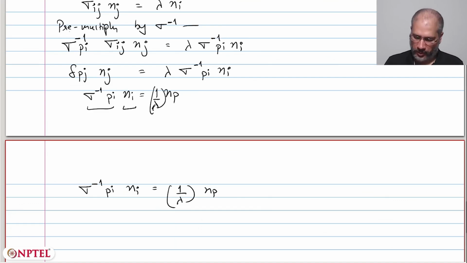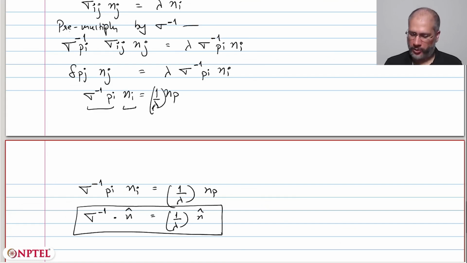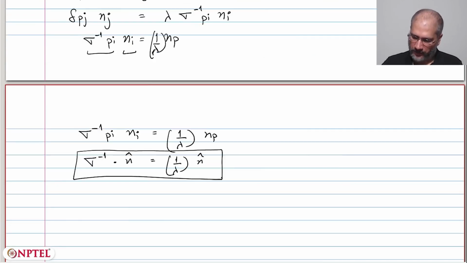In symbolic notation, this becomes sigma inverse dot n hat is 1 upon lambda times n hat. So this is the eigenvalue problem for sigma inverse, and we can see that the eigenvalues are 1 by lambdas and eigendirections are simply the same as n hats. So this completes the solution.